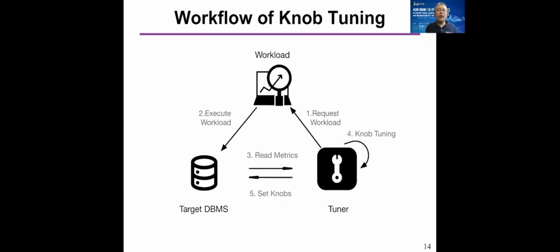After running the workloads, we can get some metrics from the database. Based on the metrics, we can find how to tune the knobs. We can learn the correlation between metrics and knobs, and based on the correlation, we can recommend how to tune the knobs. Then we set the knobs, rerun the workloads, and recheck the metrics, and then we can tune the knobs further. In this way, we can make the database run faster.